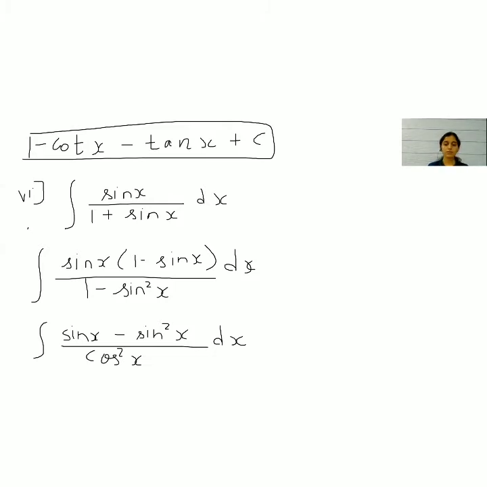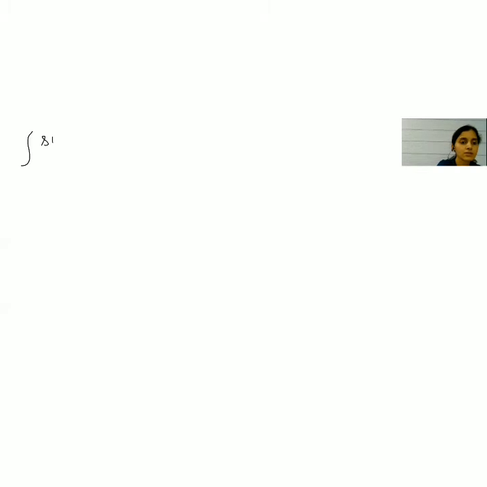We'll separate the cos square x to each of the terms in the numerator. That is giving the denominator to each of the terms in the numerator. So I'll get integration of sin x upon cos square x minus integration of sin square x upon cos square x dx. Do not forget to write this with respect to x.